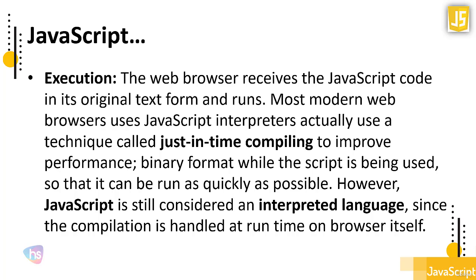The code is converted to binary format while the script is being used so that it can run as quickly as possible and give the output. However, JavaScript is still considered an interpreted language since the compilation is handled at runtime in the browser itself. There is no need for any other compiler or server for JavaScript on the client side.